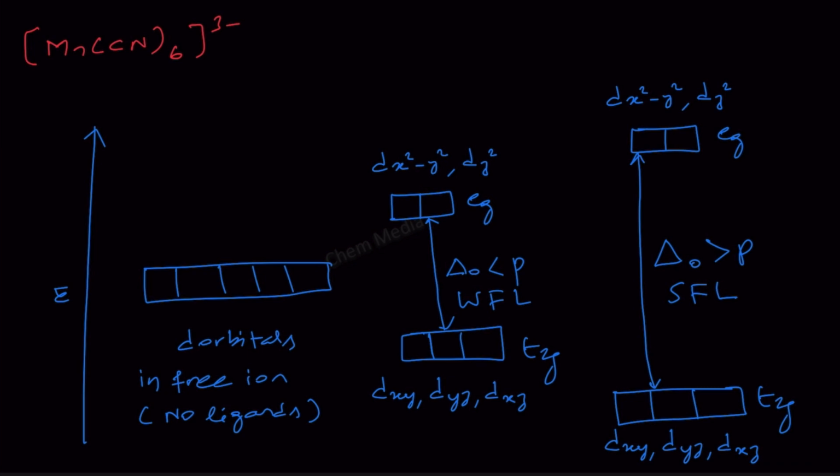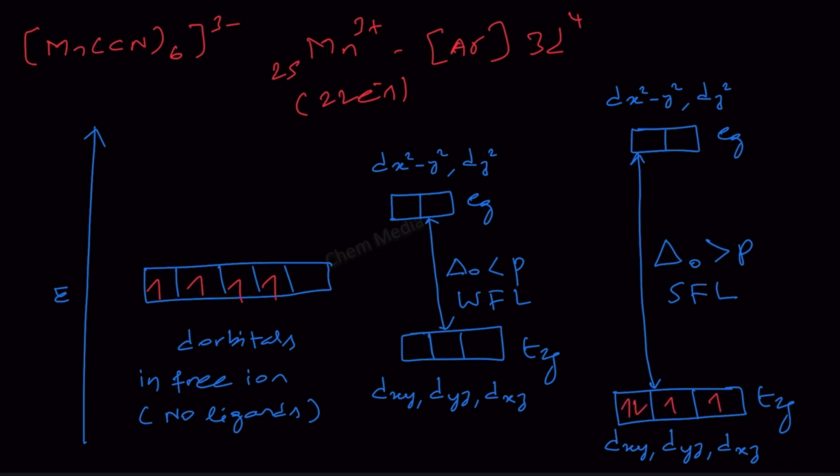Next one, manganese 3 plus, atomic number is 25, but when it is 3 plus, we will have only 22 electrons, and therefore the electronic configuration is argon, that has 18 electrons, and then 3d4. So we have 4 electrons in the d orbitals in the free ion, but cyanide is a strong field ligand, and therefore pairing will occur, and we will have 2 unpaired electrons.